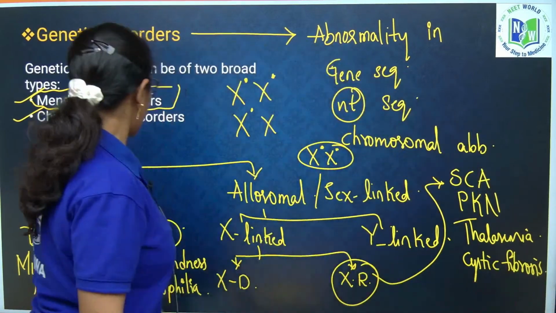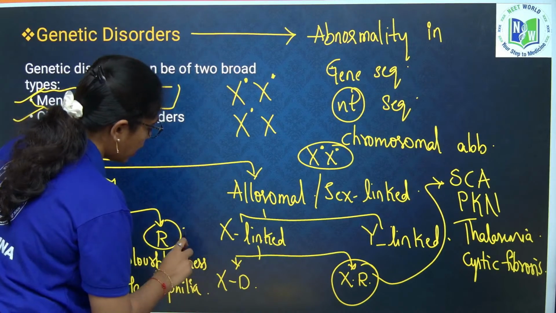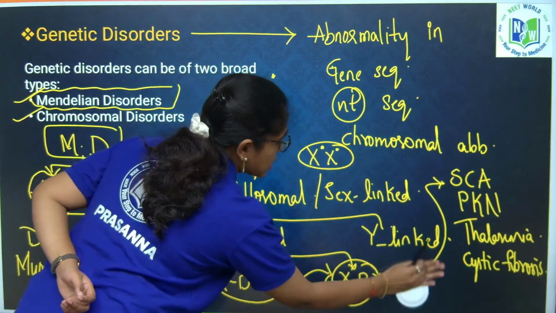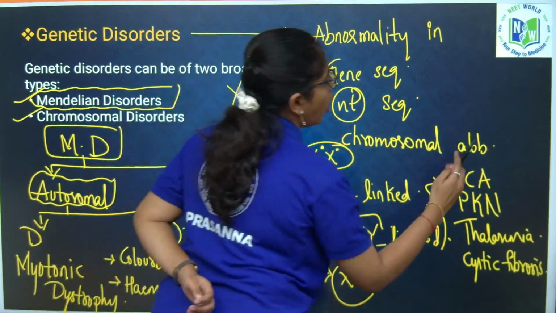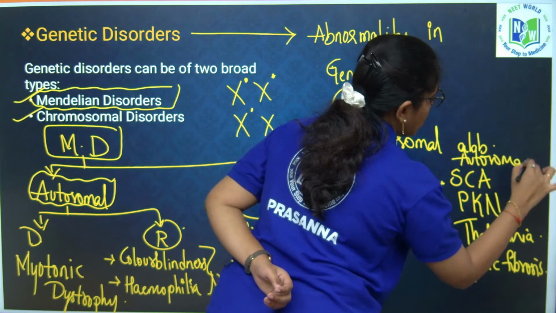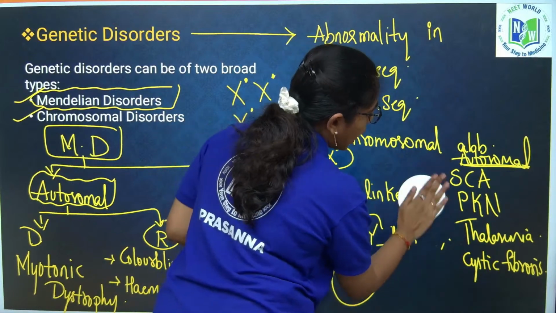From X-linked recessive, you have to learn about color blindness and hemophilia.